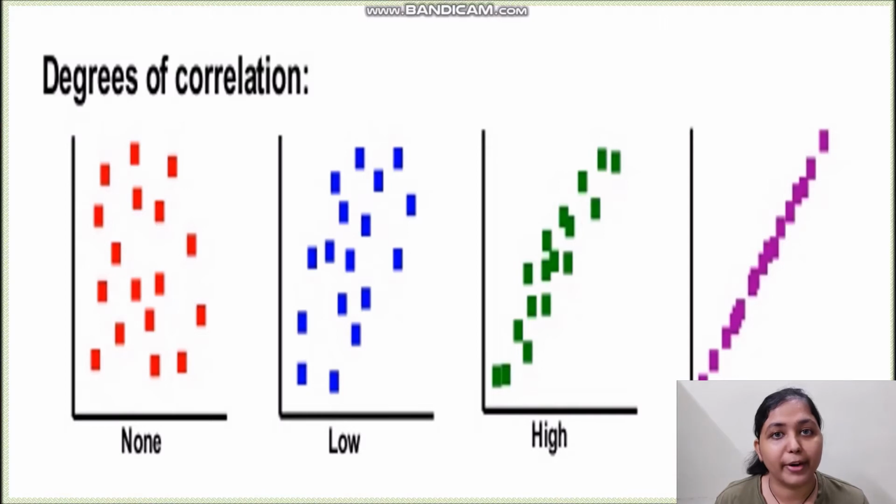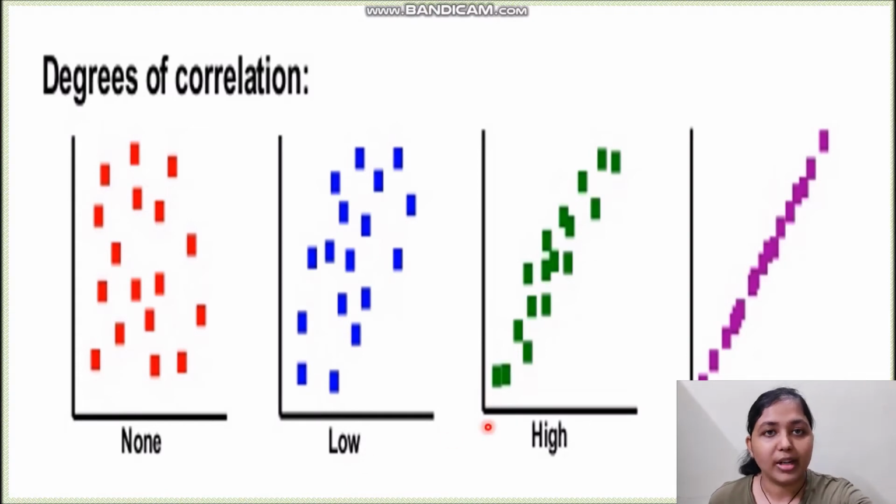It is called a perfect correlation diagram. Then we have high, then we have low, and then we have none. The strength of their relationship depends on these scattered points. The farther apart they are, the less strong their relationship is. We call it low correlation.